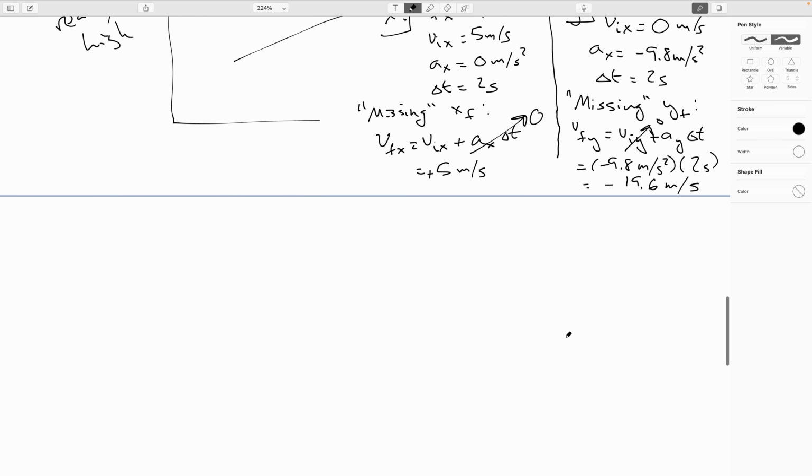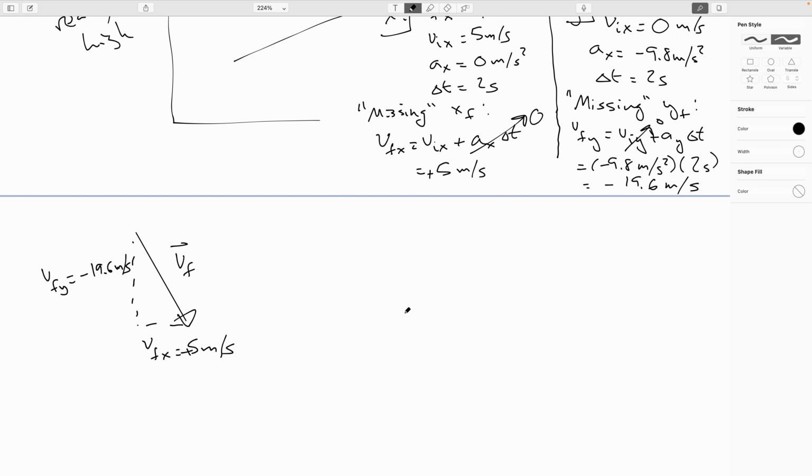So now to get my final speed. If I draw a vector of my final velocity, it's going to look something like that. And we can just go ahead and dot in. So this is my v final that I'm trying to find the magnitude of. So v final x we know is 5 meters per second, and that's positive because we're going rightish. And v final y is minus 19.6 meters per second.